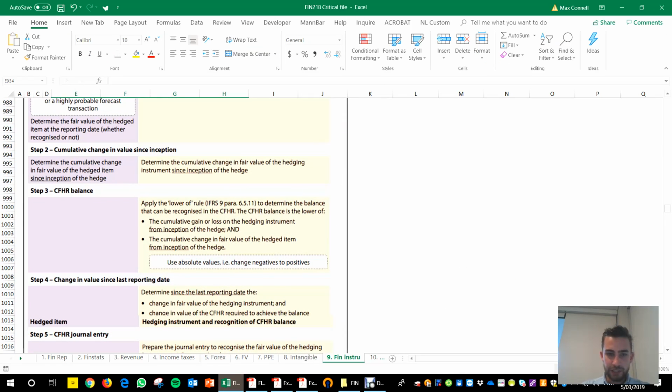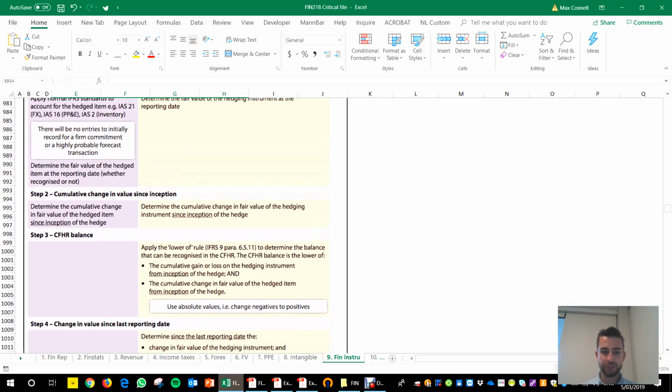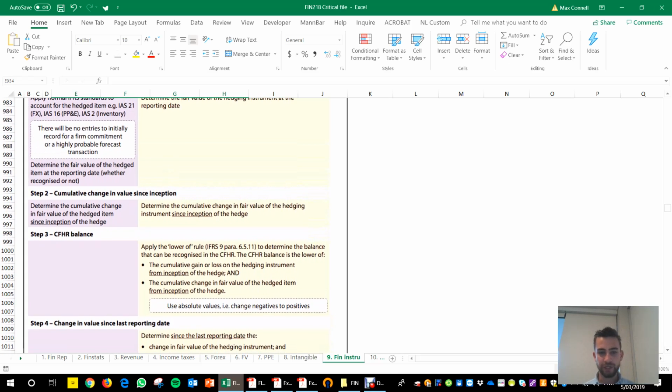So as you can see here, to calculate the cash flow hedging reserve balance, it's the difference between the gain or loss on the hedging instrument and the cumulative change in fair value of the hedged item. So the difference between those two is effectively going to be the ineffective portion.